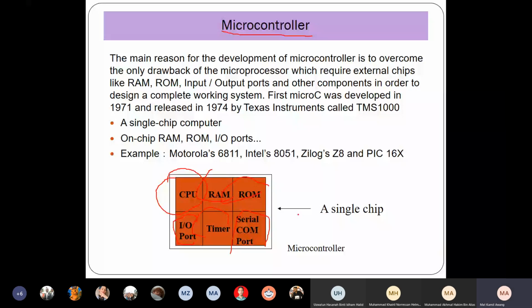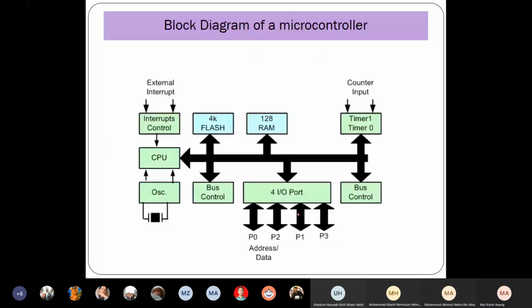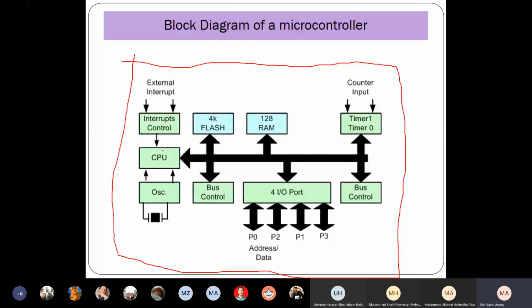This is the block diagram of a microcontroller. This is all on one IC. On this IC, you have the CPU, the interrupt control, and the oscillator, which is for the timer and clock.